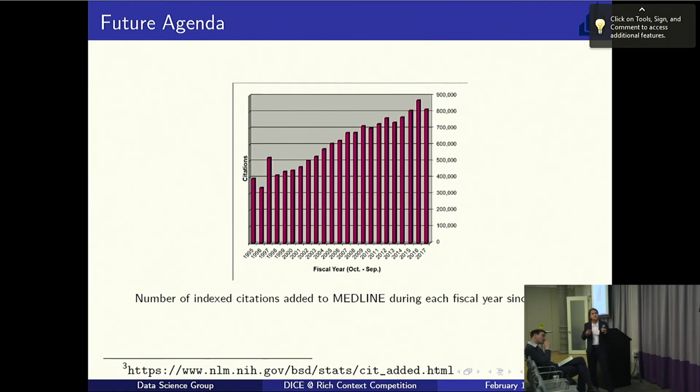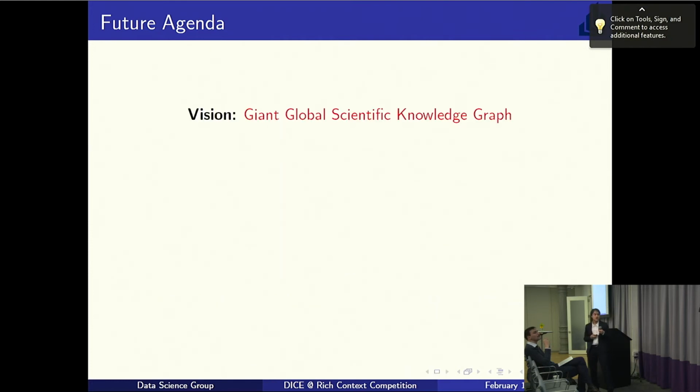So we also know that research in one field drives the research in another field, and hence we want to create a giant global knowledge graph comprising of all scientific domains. It should follow the concept of never-ending learning. That is, it should be able to continuously update itself with the incoming articles.